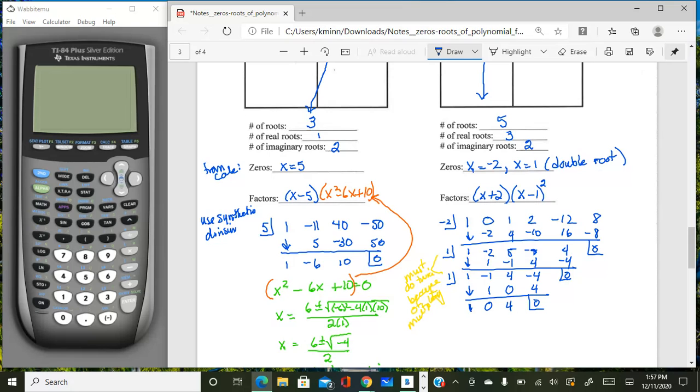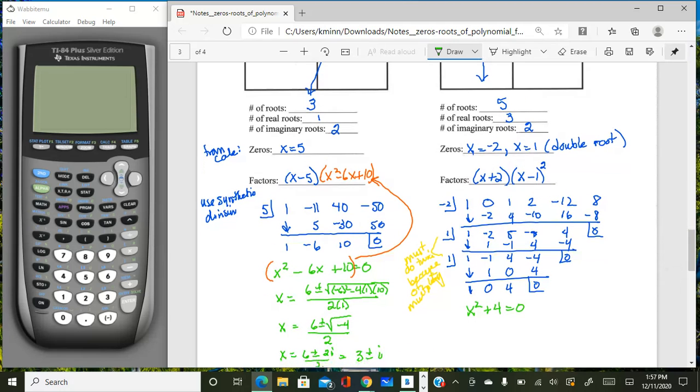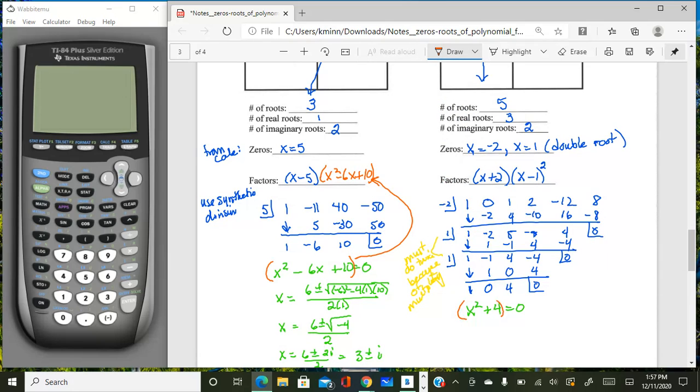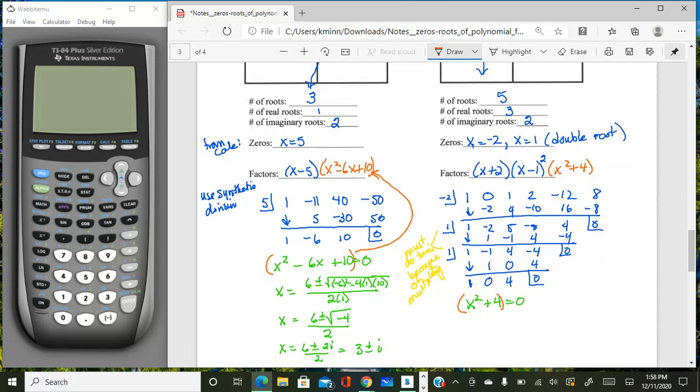Bringing it down 3 times brings this polynomial finally down to be x squared plus 4. And as we saw before, that x squared plus 4 is a factor. So I'm going to put that right here. That is your remaining factor to this polynomial.